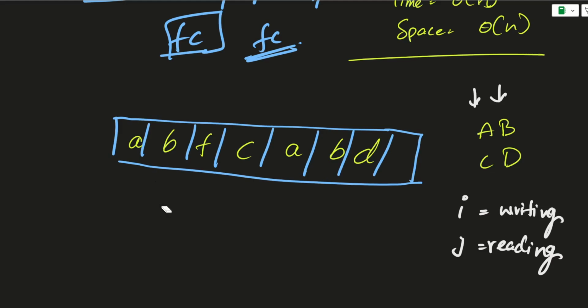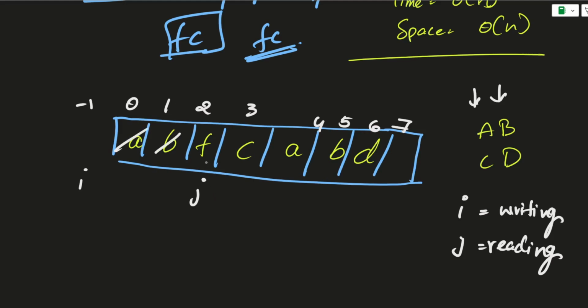So just make sure the I pointer is at index -1, then index 0, 1, 2, 3, 4, 5, 6, and 7. Now we got A, B, right? So just move the J pointer here. A, B, we're deleting them. So just delete these two.